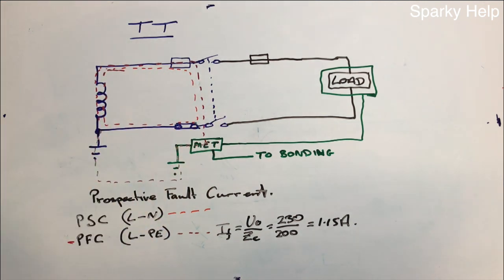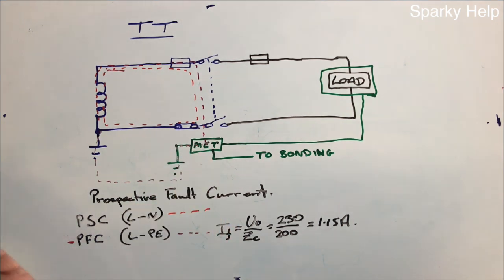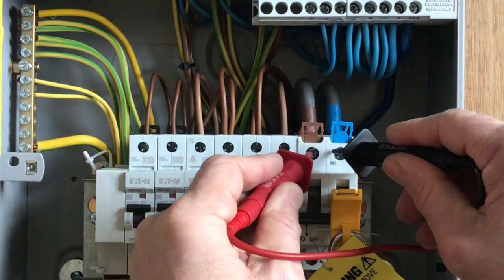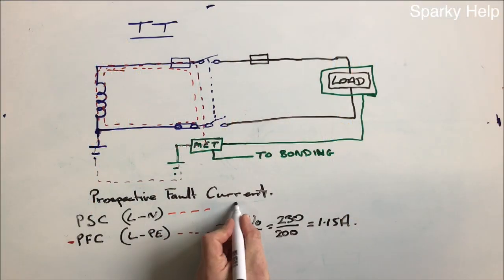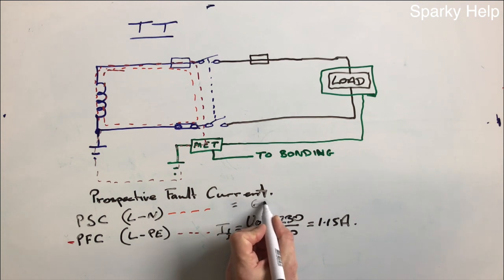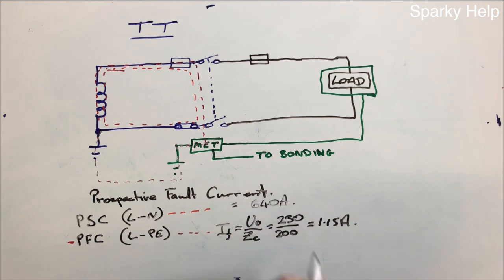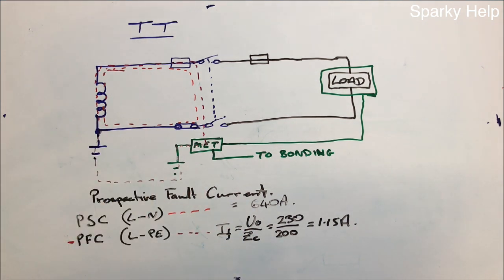You're quite capable of doing it, but this is where you'd set your meter up, and when you select it to LN, the chances are your meter will say it doesn't need this third lead. So this lead would disappear off your meter, and you only have one on the line and one on the neutral. You press the button and it would display a reading, and let's make a figure up, it would become 640 amps.